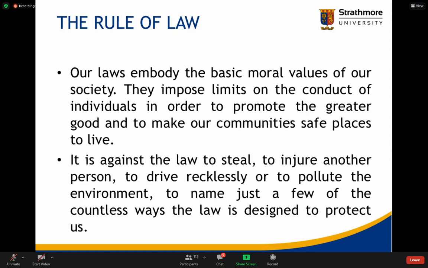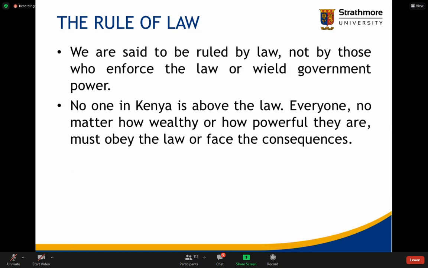So those are very good functions that laws play in our society. Because of this good that the law plays, it is very important that everyone respects the law. The concept of the rule of law is about respect for the law. We are said to be ruled by law, not by those who enforce or wield government.